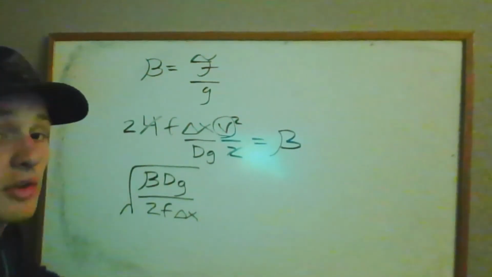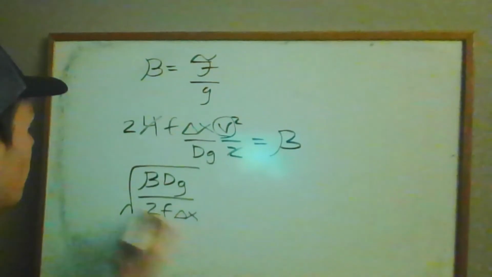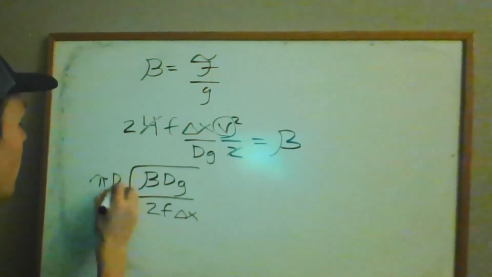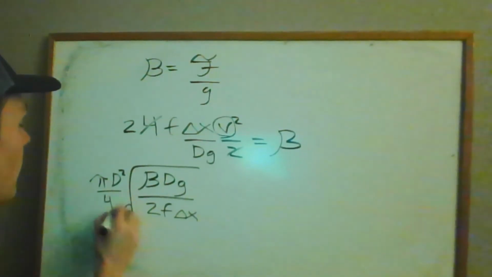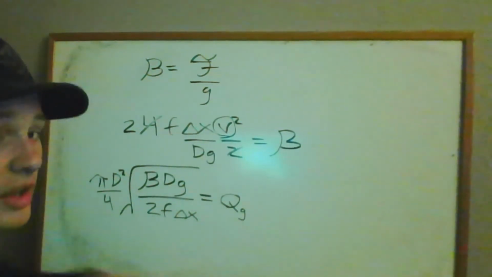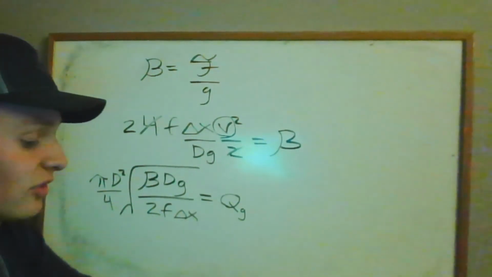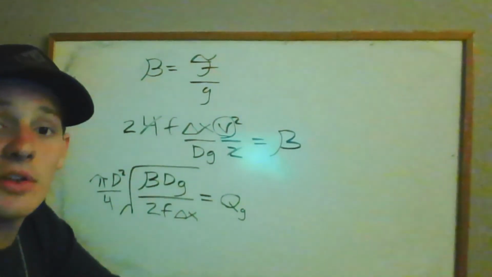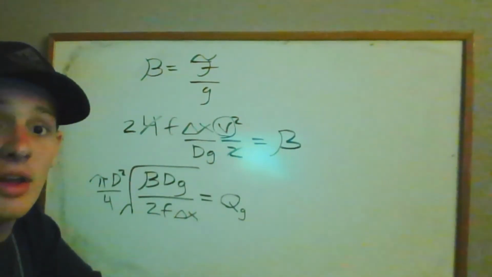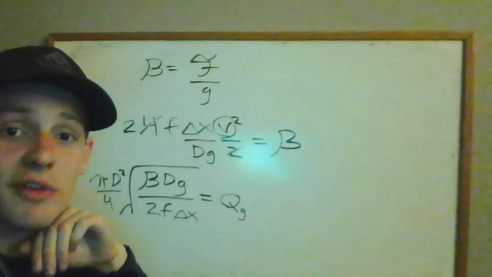Now, what we want to do here is multiply by the cross-sectional area. So that would be pi times the diameter squared divided by 4. And this is equal to Q sub g, we could call it, that is the estimated flow rate here. So that is what we will implement into the Python code, and then we will continue solving this problem.